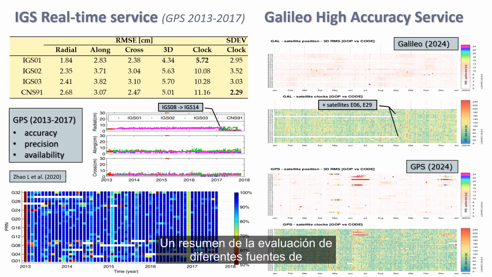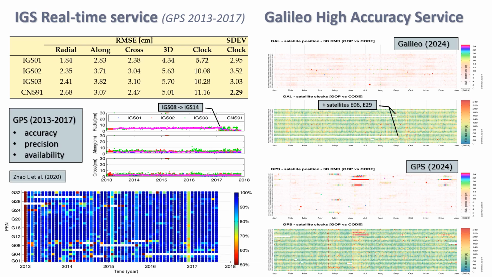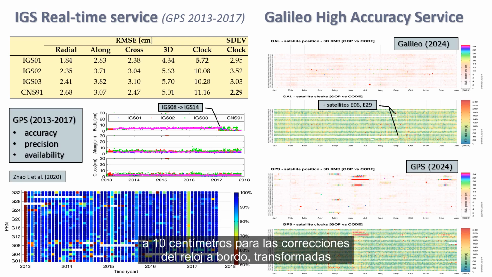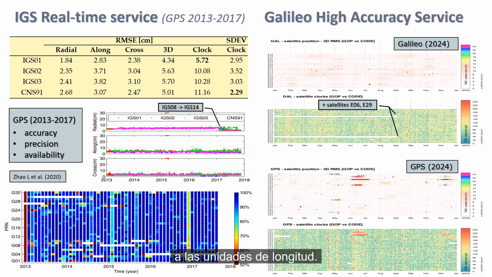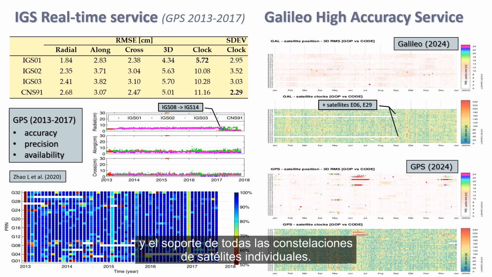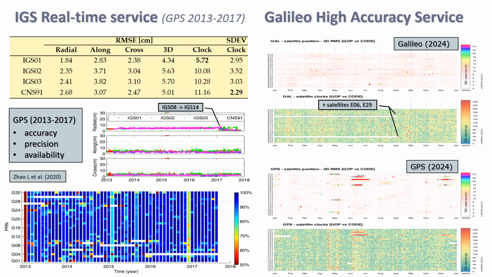A snapshot of evaluation of different correction sources includes 5 years of IGS real-time service and 1 year for Galileo High Accuracy Service. Typical accuracy performance, 1 sigma, is 5 cm in 3D satellite position and 5 to 10 cm for onboard clock corrections transformed to the units of length. The availability and robustness are also important, along with the continuity and support of individual satellite constellations.